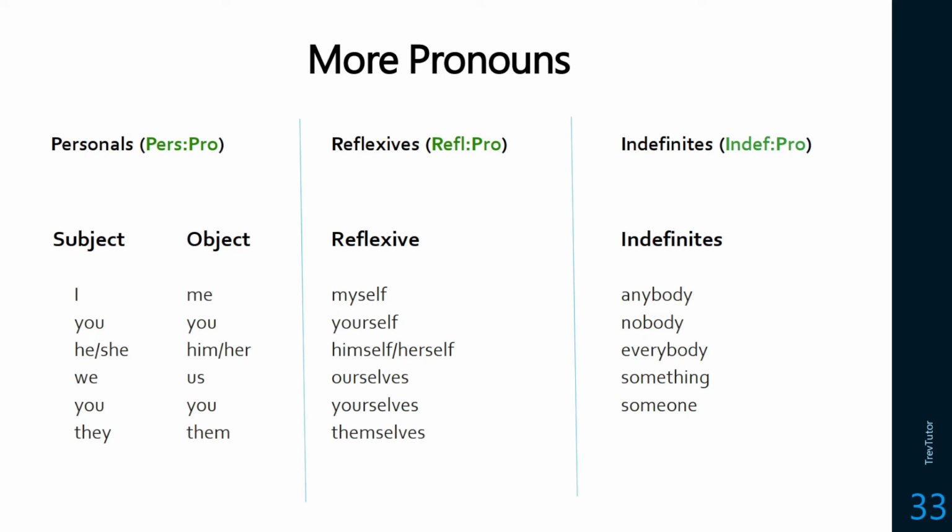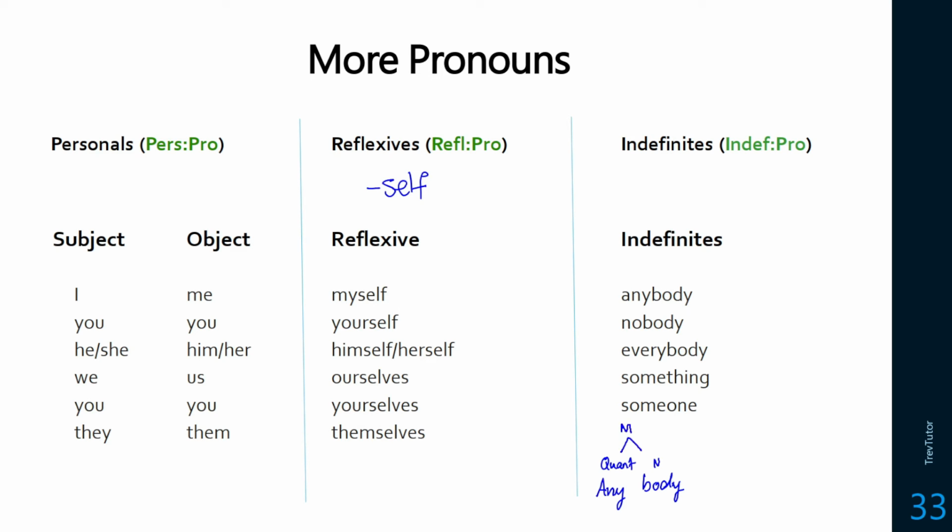We have reflexives. So these are any of the pronouns with the self suffix. So myself, yourself, himself, ourselves, yourselves. That's also a pronoun. Then we have indefinites. So we could have, say, any body. This would be a very literal interpretation of like any single body out there, which would be a quantifier and a noun.